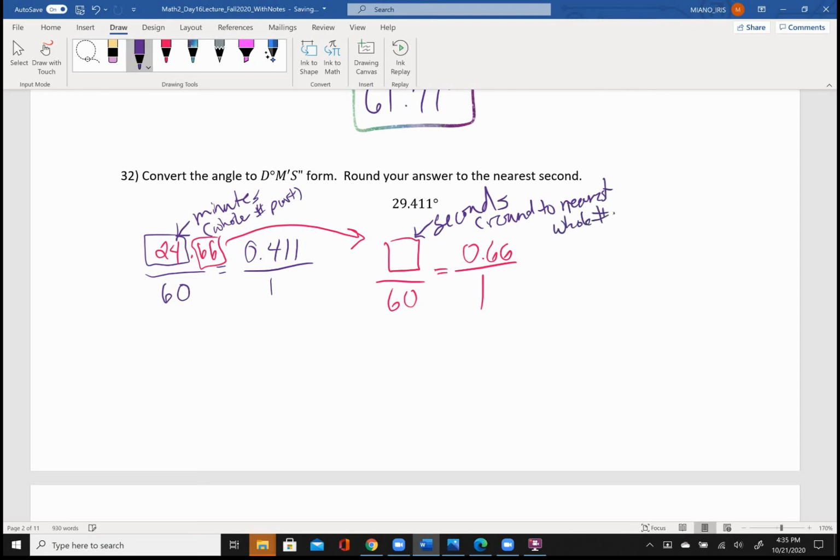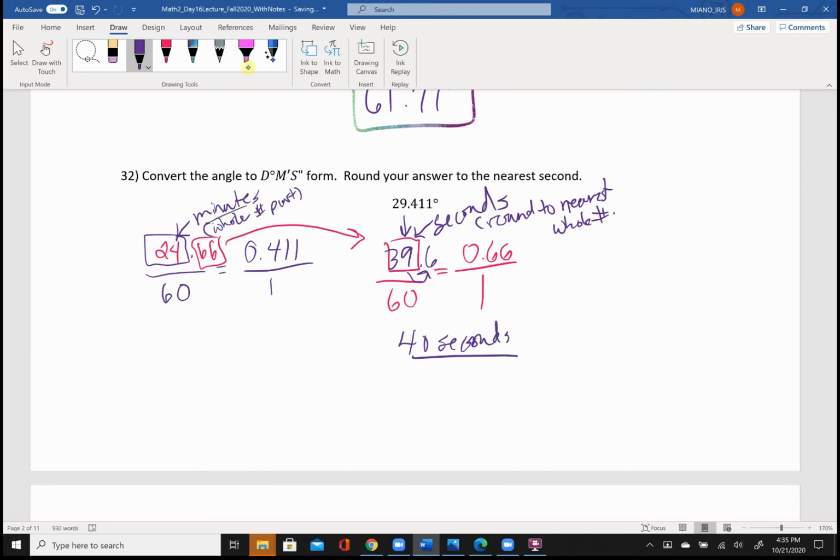Okay, cool. So what do you get? You take the cross product and you shall get 39.6 if I'm not mistaken. 39.6, but again, round, and that'll give you 40 seconds. So it's 40 seconds. And it was 24 minutes here.